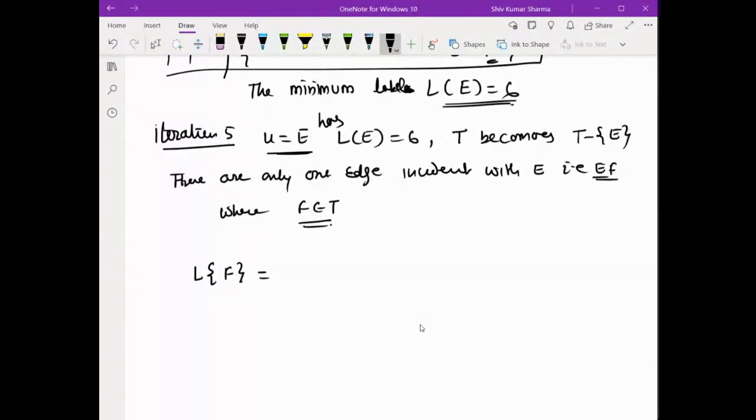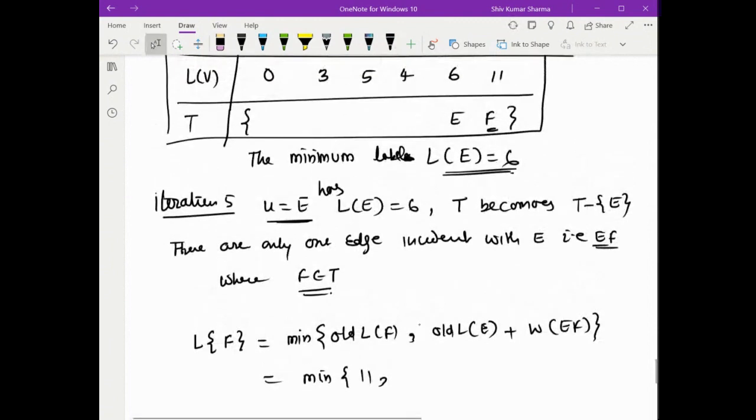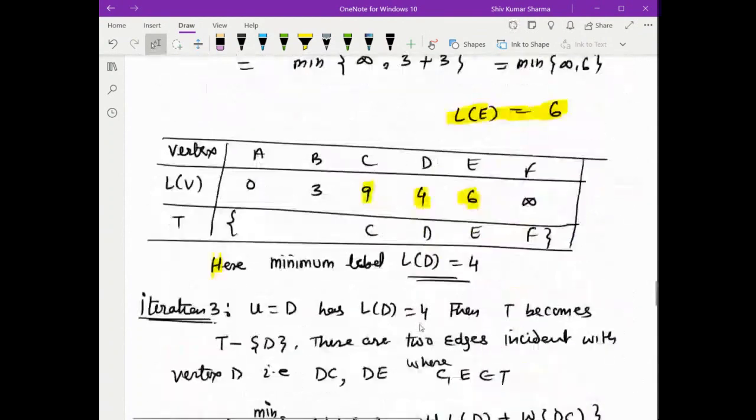So the level of F is equal to the minimum of the old level of F, comma, old level of E plus weight of EF. So this is the minimum of the old level of F, which is 11, and the old level of E, 6, plus the weight of EF.